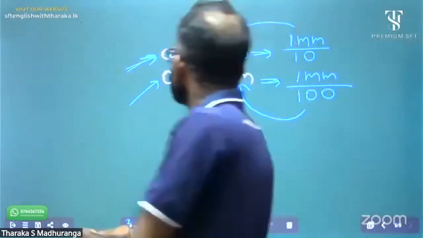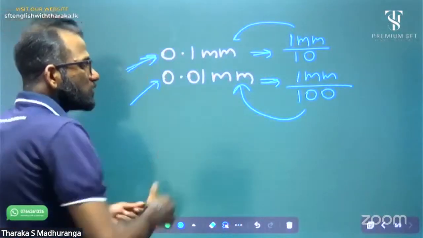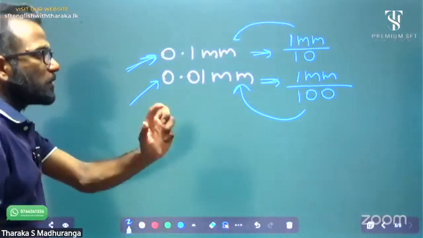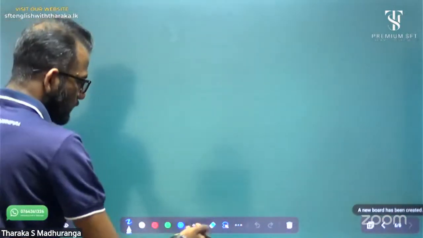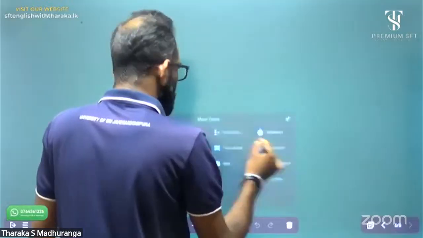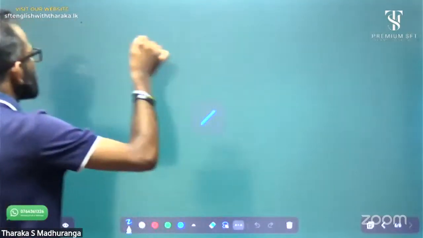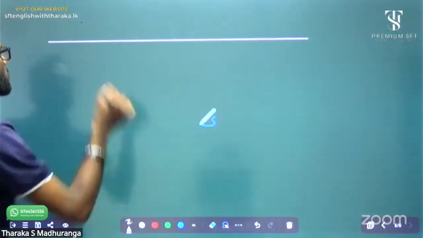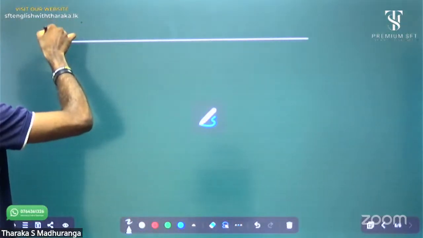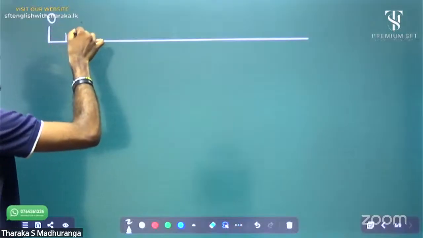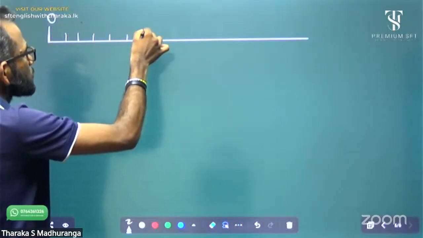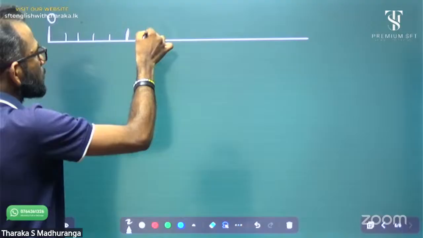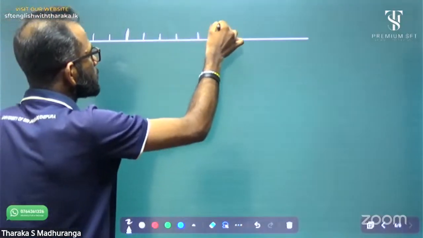Do you remember in vernier caliper, what's the principle of vernier caliper? That's the most important part. Please understand. 0, 1, 2, 3, 4, 5, 6, 7, 8, 9, 10.